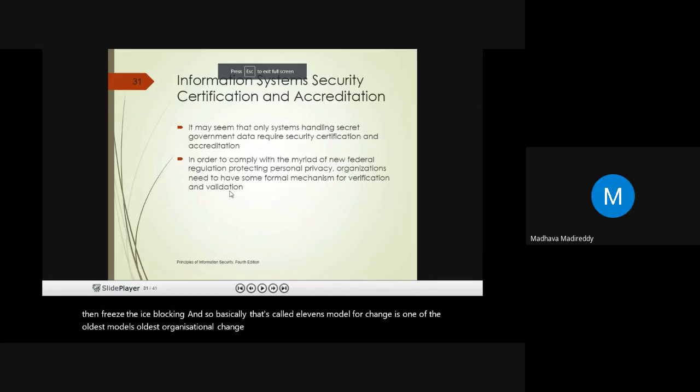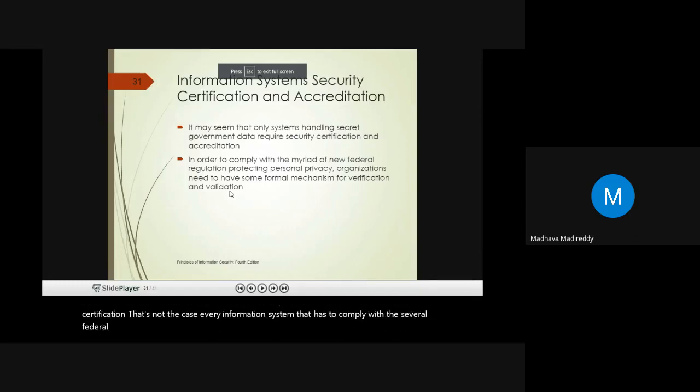Information security certification and accreditation is the next phase. It may seem that only systems handling secret government data require certification. That's not the case. Every information system has to comply with several federal regulating procedures.